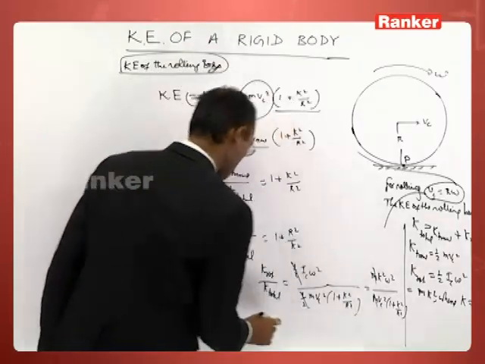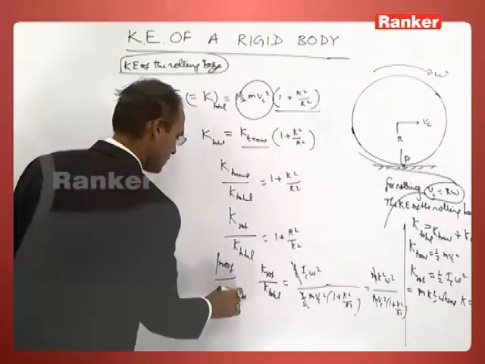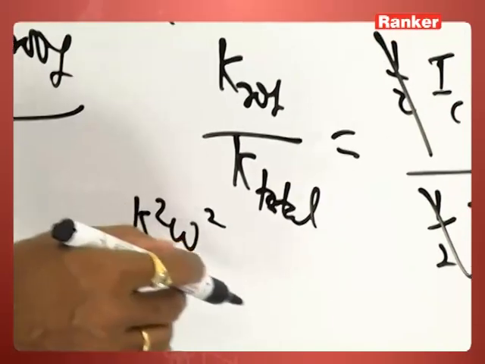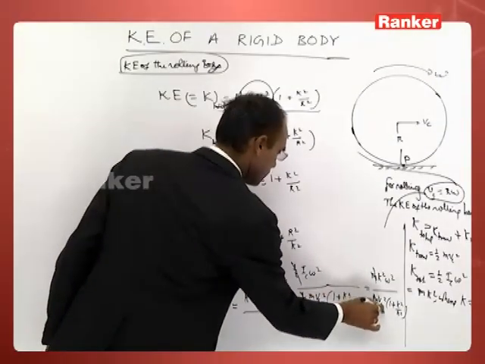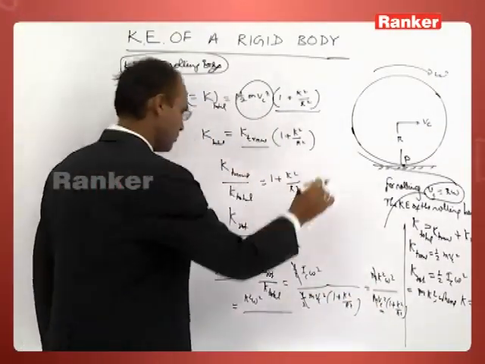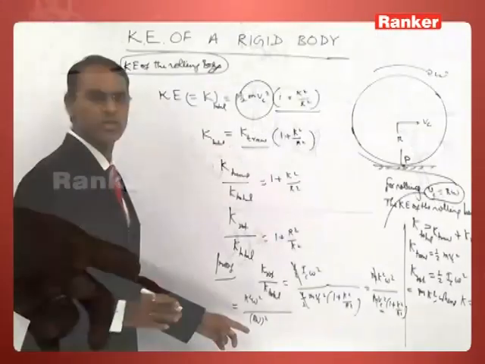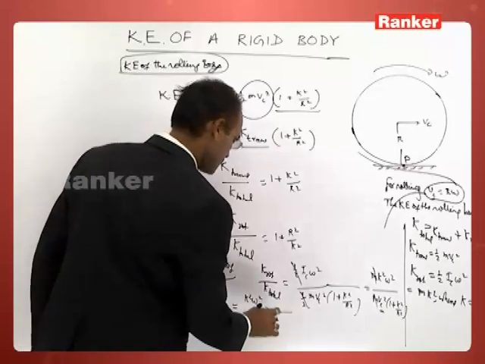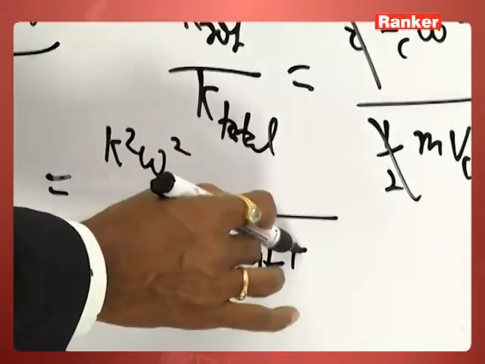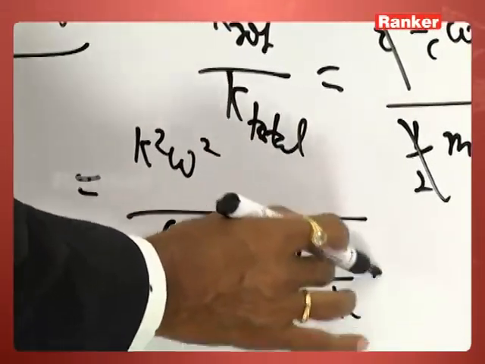And you substitute Vc is equal to r into omega for pure rolling. So Vc is equal to r into omega into 1 plus k square by r square.